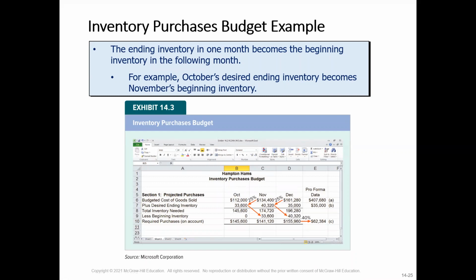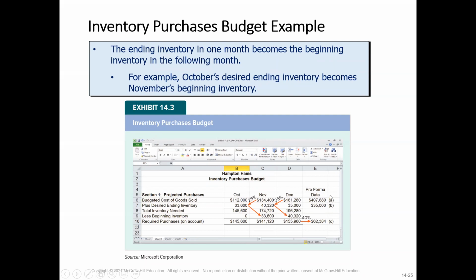And these are going to be purchases on account. Those will be paid the following month. So that will be part of our cash expenditures. So our pro forma data, what we'll need for our budgeted financial statements, will be our total budgeted cost of goods sold, which is the sum total of budgeted cost of goods sold for October, November, and December.